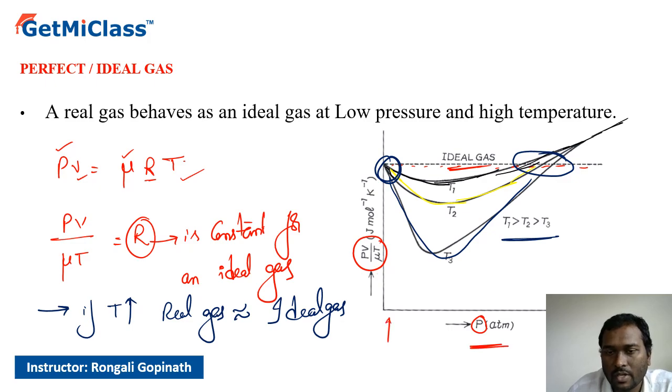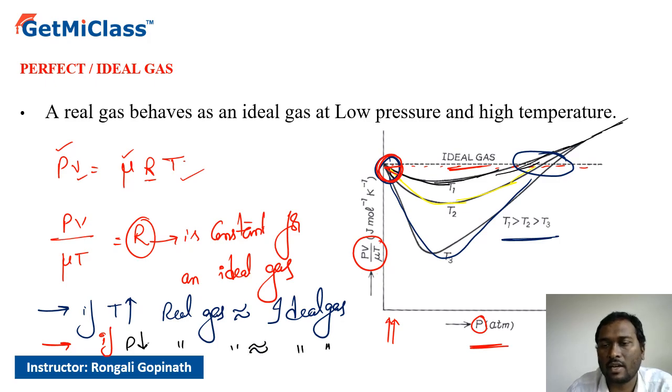When pressure is very small, that is right over here, you can see that the real gases and ideal gases are behaving the same. So I can also say that if pressure is very less, then also a real gas behaves just like an ideal gas, isn't it? So from this, what can we say?